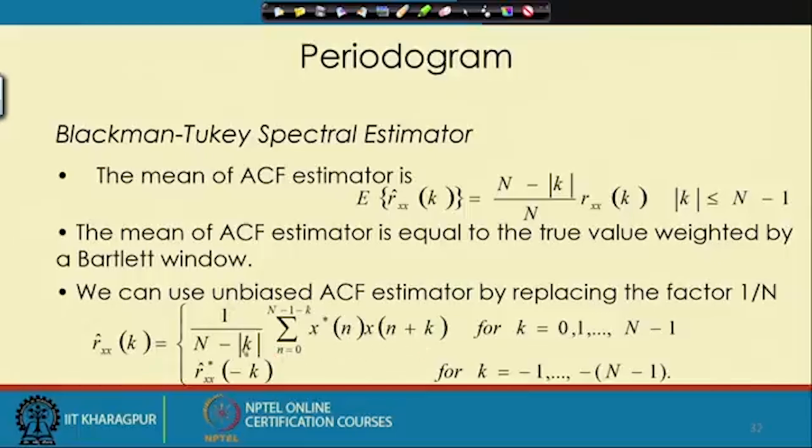Instead of taking 1 by N, which is insensitive to the fact that the number of terms reduces with increase in the lag, we are taking the proportionate value 1 by N minus mod k. We are scaling according to how many terms are there, and the relation between the negative lags and the positive lags remains the same. There is no change there.